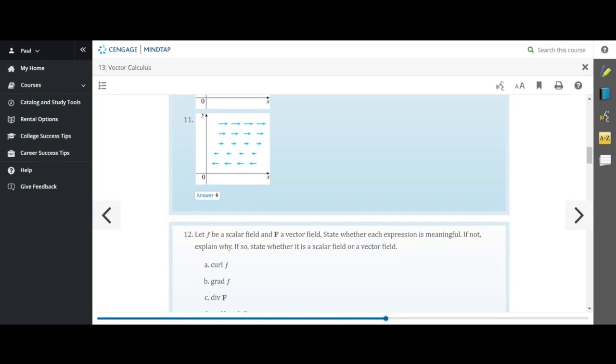Now, do we agree that the rubber duck would rotate in a clockwise direction? And by clockwise, I mean in this direction. This is clockwise, right? Okay, Charles agrees.